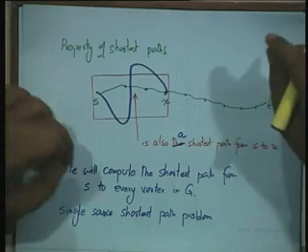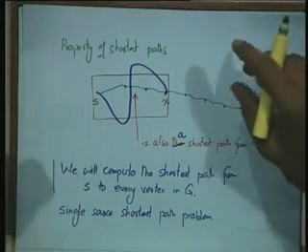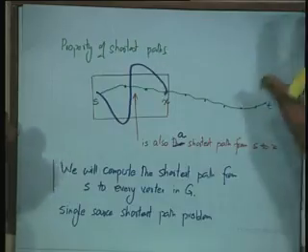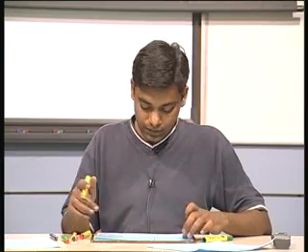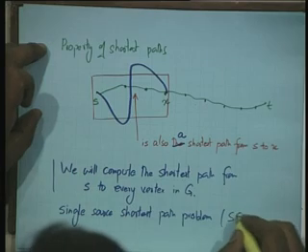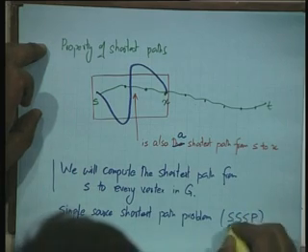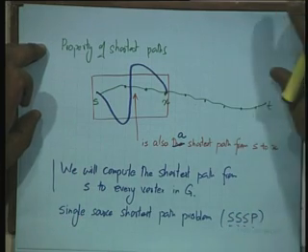Right? Why? Because we are starting from one particular source and from that source we are computing the shortest path to every other vertex in the graph. Sometimes this would be abbreviated as SSSP, single source shortest path.